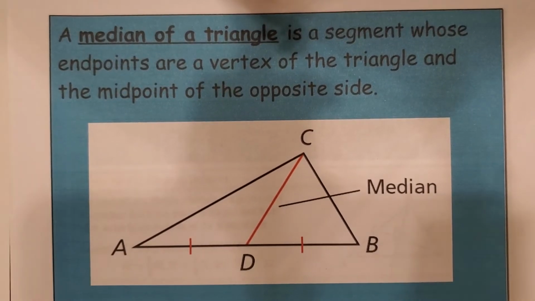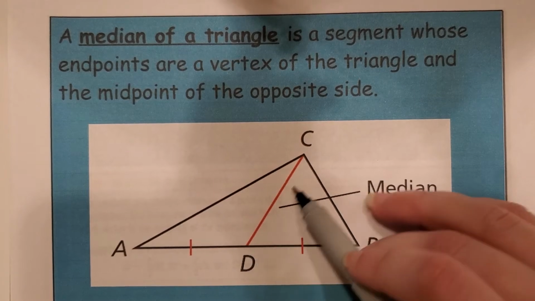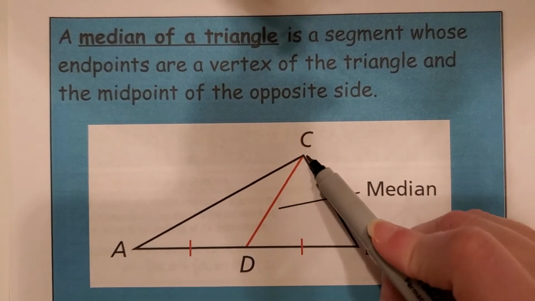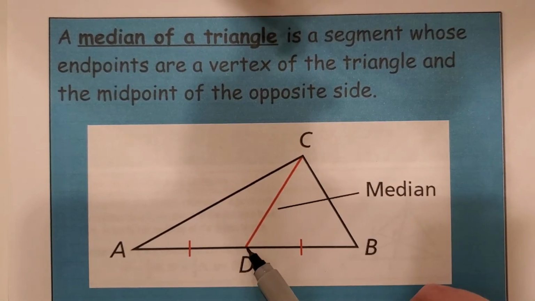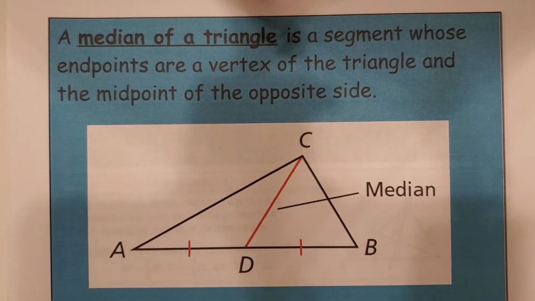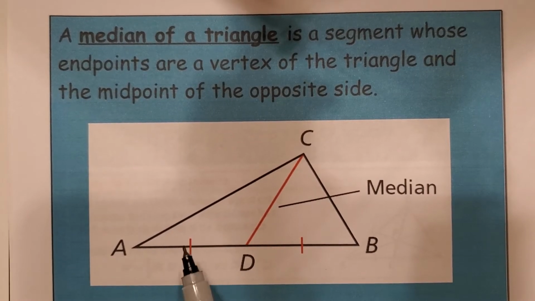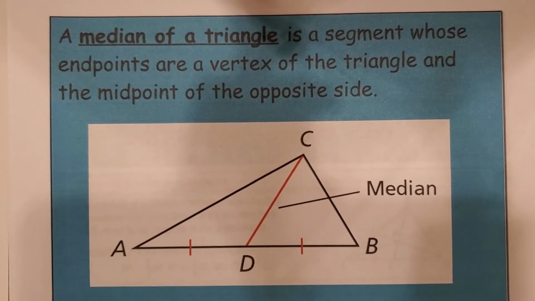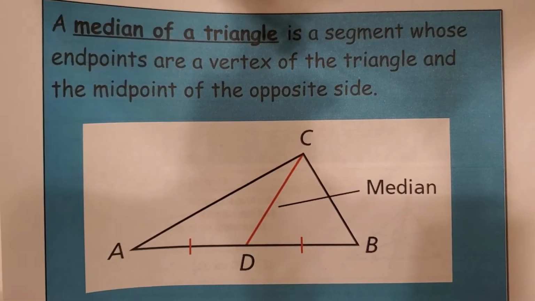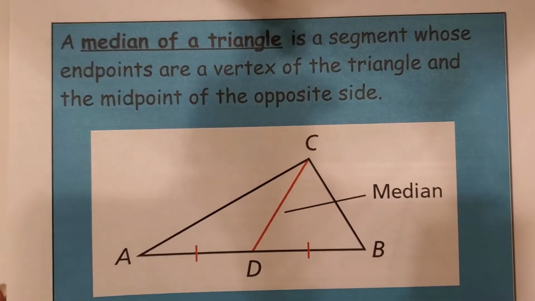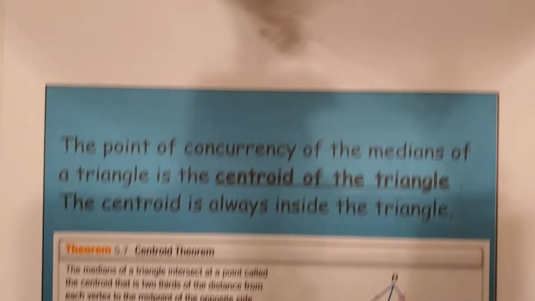So this is the bisector one. CD passes through endpoint C as well as point D, which is the midpoint of AB. So AD is congruent to DB.